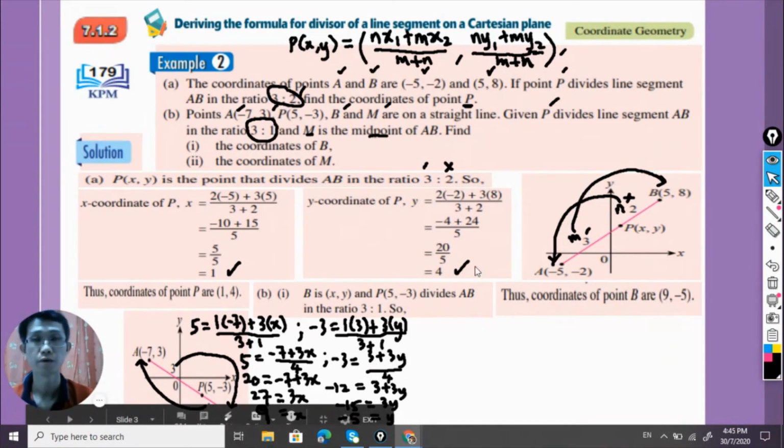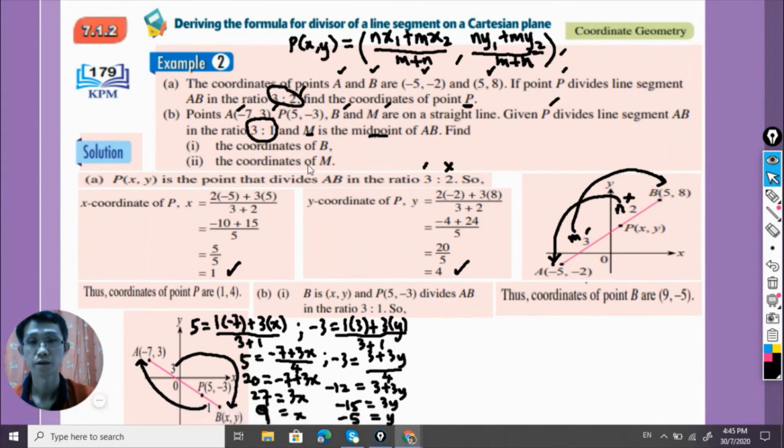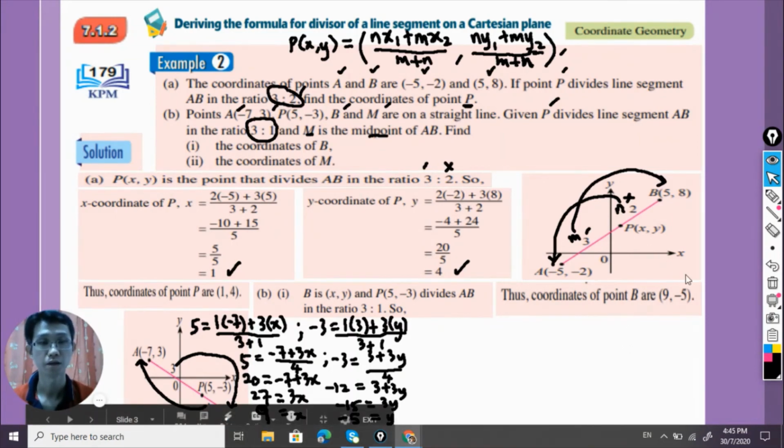Now let's move on to the next part, B2, to find the coordinates of M. As you have been told in the question, M is the midpoint of AB. So you should draw the new line segment again before you answer.